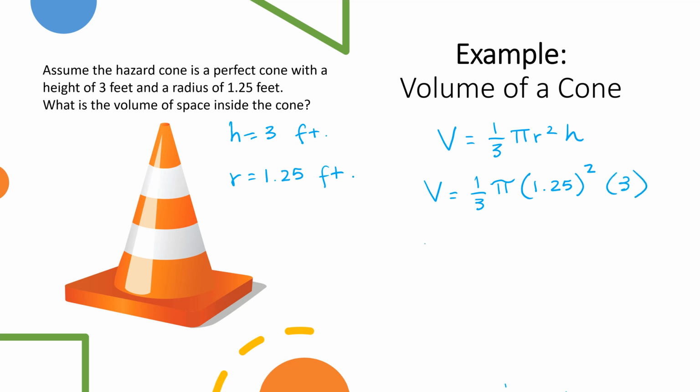Again, we need to apply order of operations, so we need to start with our exponents. So V equals 1/3 pi. 1 25/100 squared is 1.25 times 1.25. We get 1.5625.